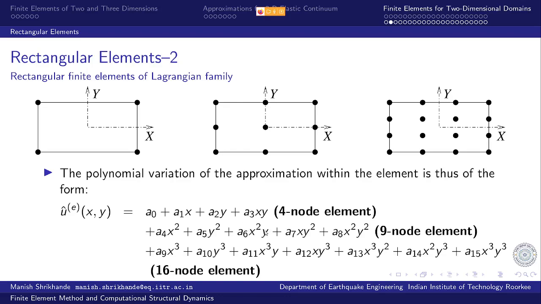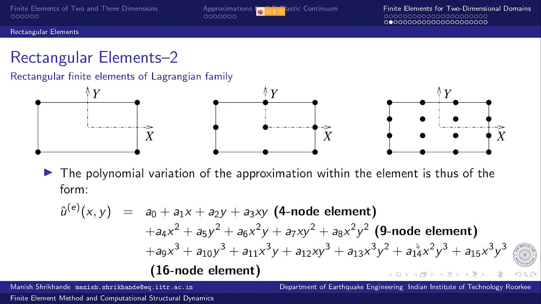So we complete the cubic variation using x cube and y cube, and then we add additional terms from fourth degree variation, x cube y and x y cube, and then from fifth order variation, x cube y square and x square y cube, and then one term from sixth order variation, x cube y cube.